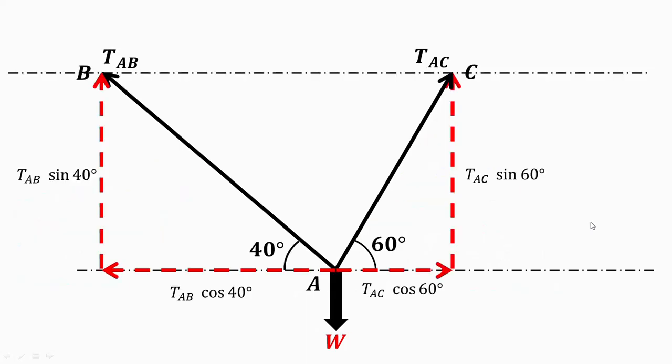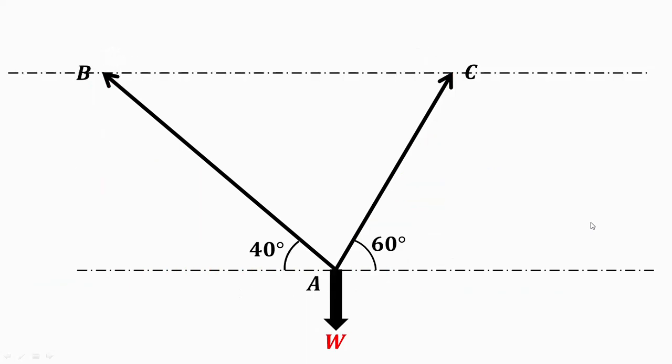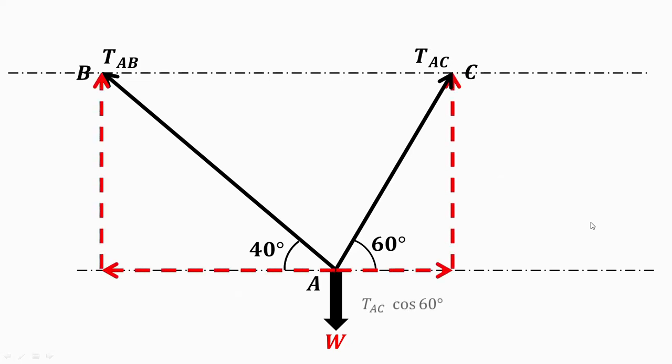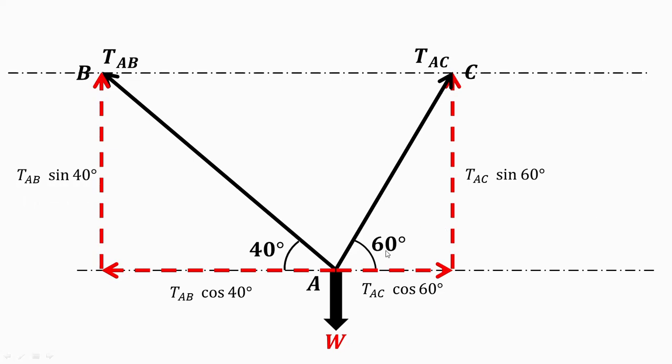So let us find out the tensions in these wires. We'll use simple trigonometry. This is the angle made by the wire with the horizontal, 60 degrees. Suppose TAC is the tension in wire AC. The adjacent component will be the cos component, TAC cos 60, and the opposite component will be the sine component, TAC sin 60.